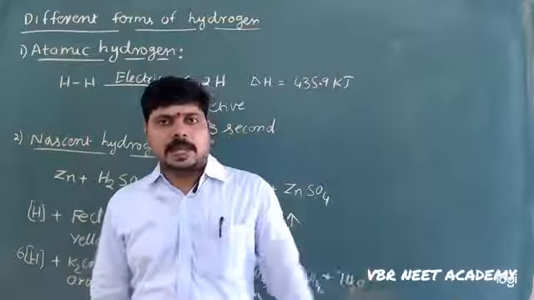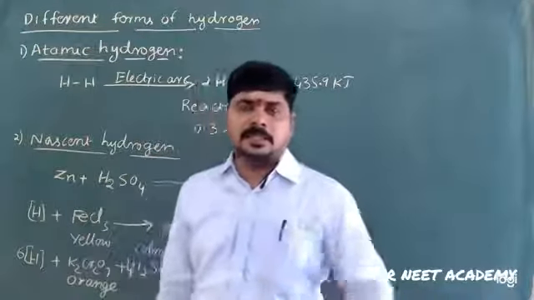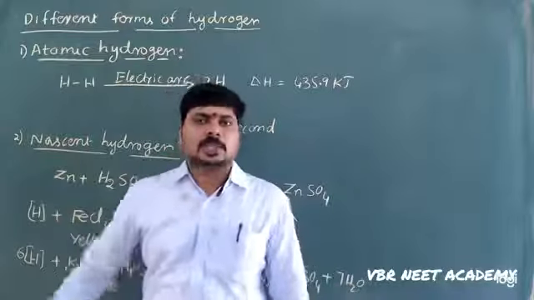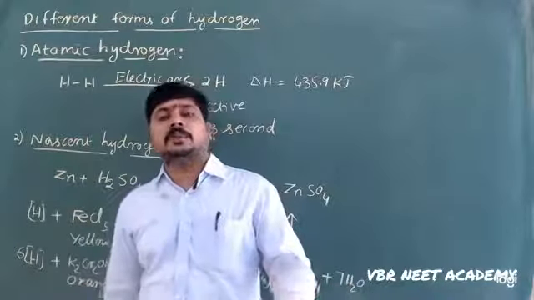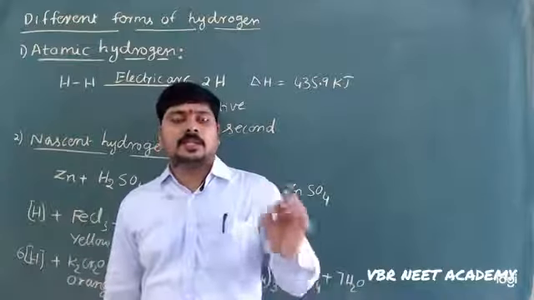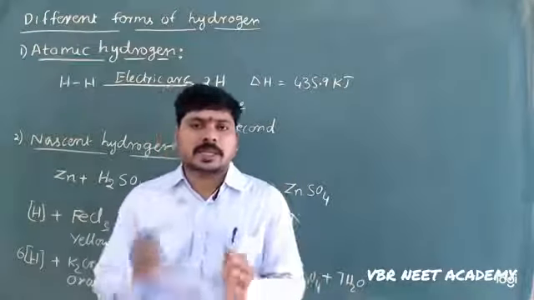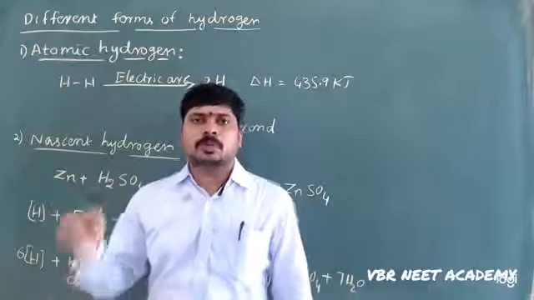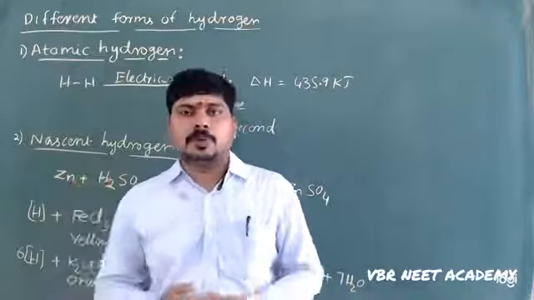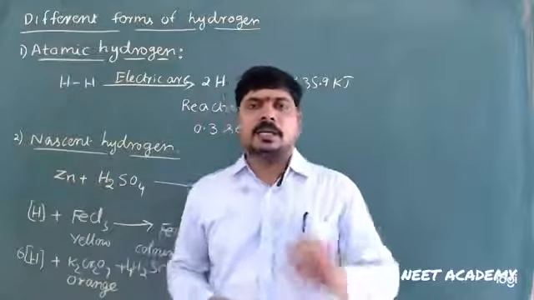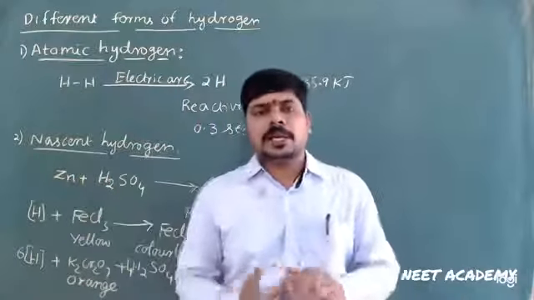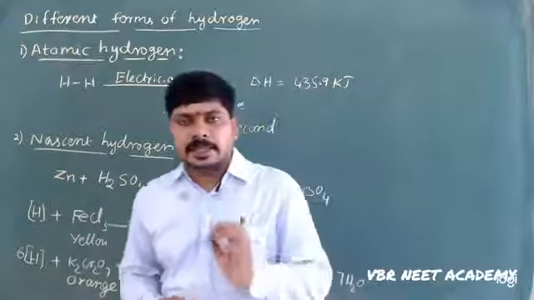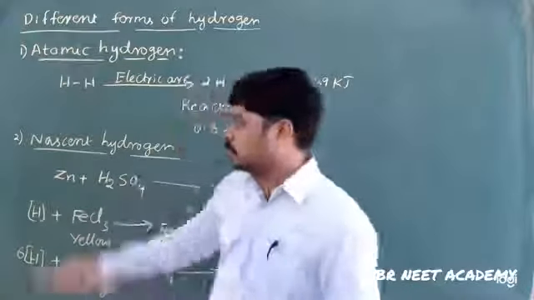As we discussed, Bayer's reagent loses its color, which is the test for unsaturation. So this hydrogen can also convert the violet color of KMnO4 to a colorless solution. So these are all the examples we can discuss for the reducing ability shown by your nascent hydrogen.